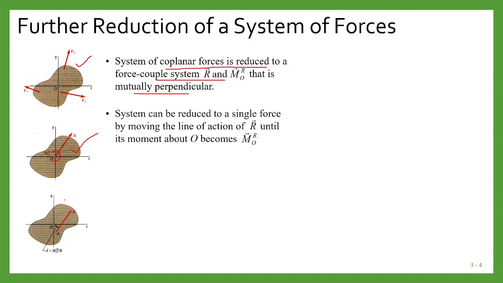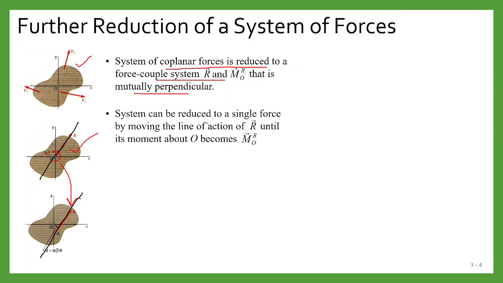Now we can transform this force and couple system into a resultant force R, but for that you have to move this force to a new line of action. Suppose this is the initial line of action, and now your new line of action will be this. These two lines of action are different.